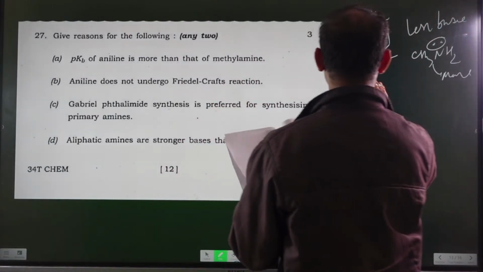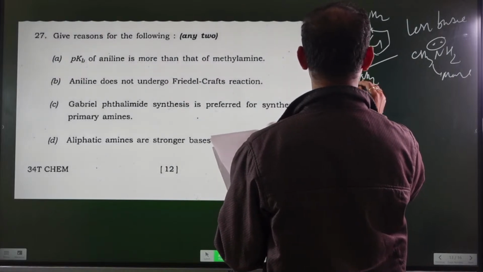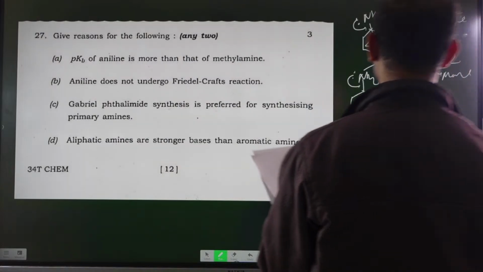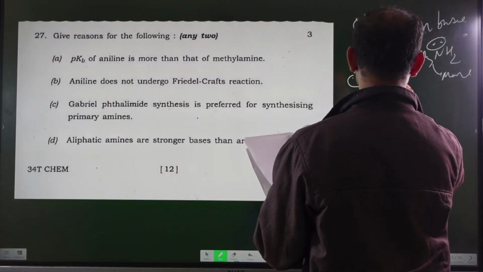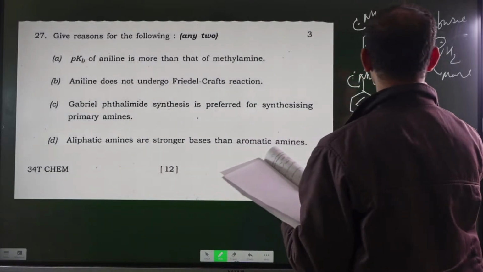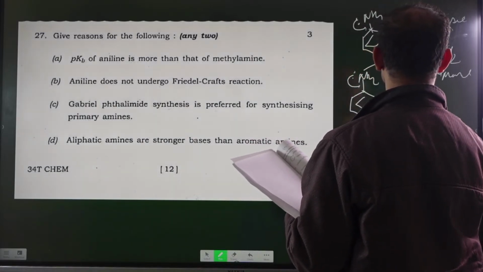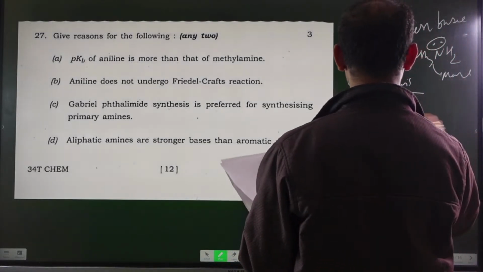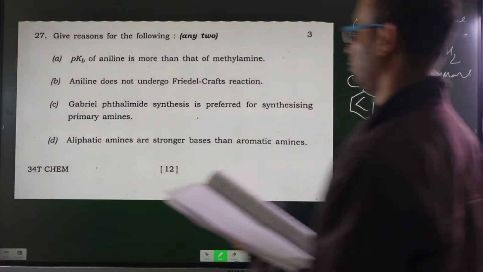So this can undergo this kind of conjugation, and at the same time this NH2 can bind with the Lewis acid used in the Friedel-Crafts alkylation reaction. Therefore, there is no formation of the product.